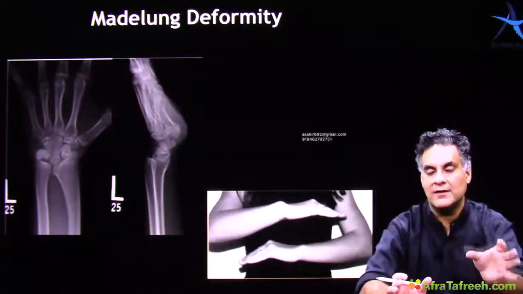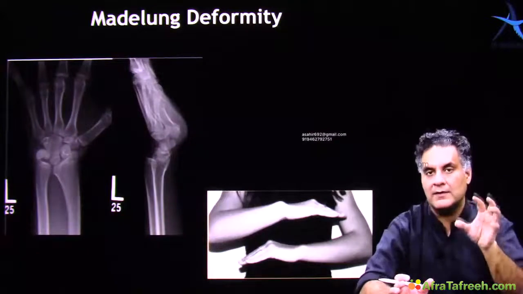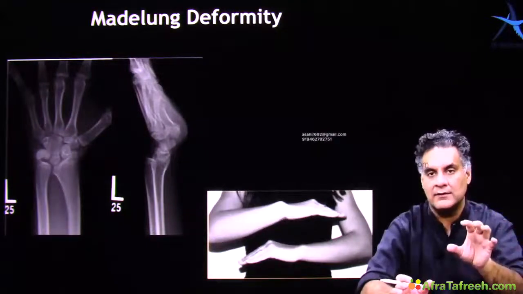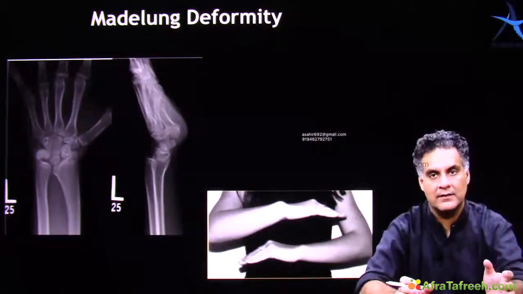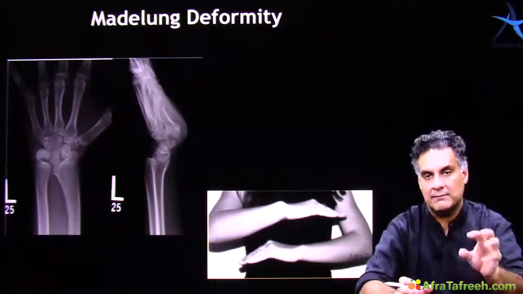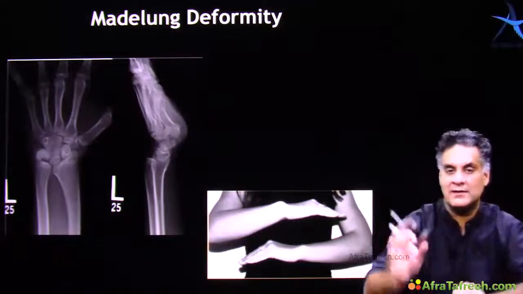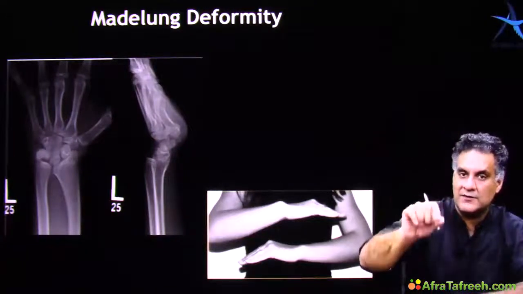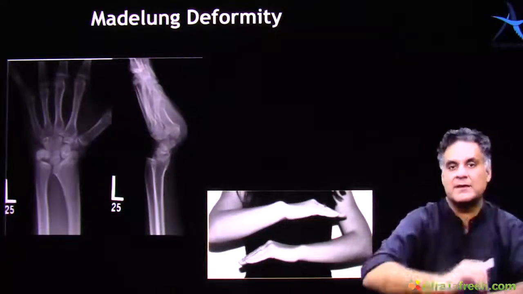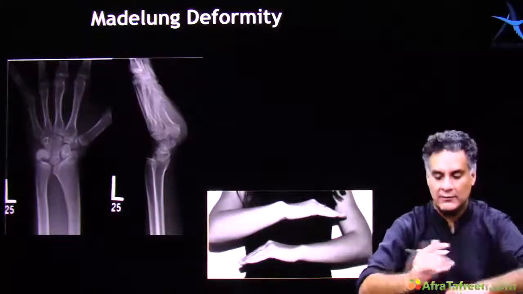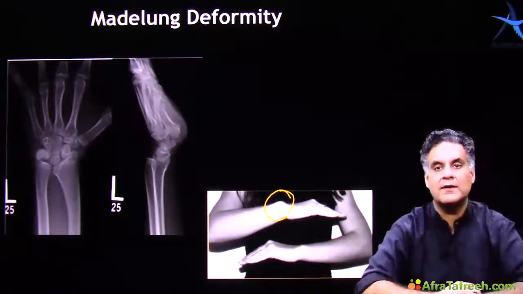What is Madelung deformity? It is the problem in the distal part of the radius in growth, and that is why it's a palmar and ulnar deformity. So palmar angulation, ulnar deformity, that's the part of the radius that is deficient, the volar aspect and the ulnar aspect. And that is why the lower end of ulna becomes more prominent.